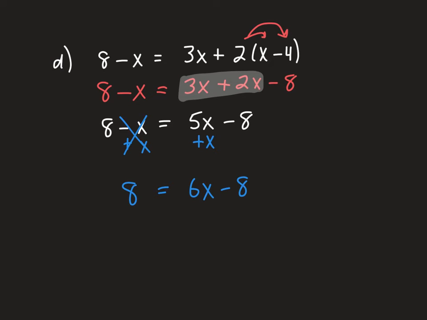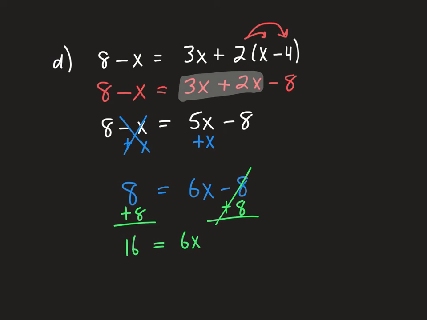-8's still there. Okay, now we just need to work on getting x by itself using inverse operations. So it's 6 times x minus 8. So we need to get rid of the -8 first by adding 8 to both sides of the equation. Okay, 8 and 8, of course, is 16. And this side is just going to be 6x.